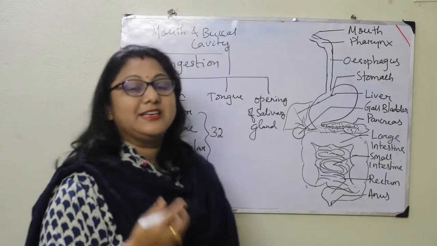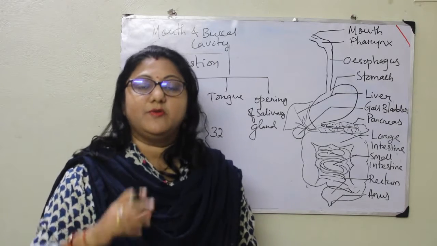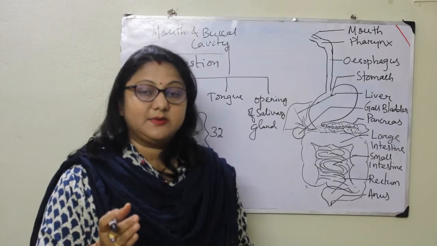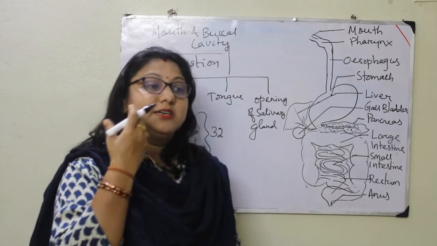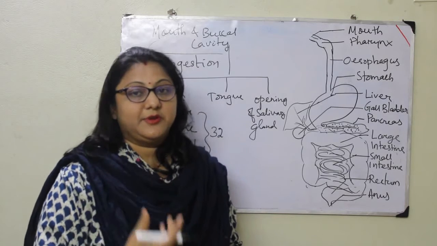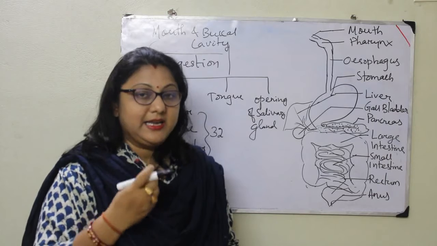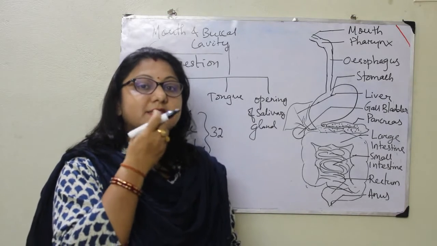Now, the second one is the tongue. The tongue plays an important role in mixing the food inside the buccal cavity, as well as in the creation of taste in our food. The tongue has taste buds, and it comes under the sense organs.